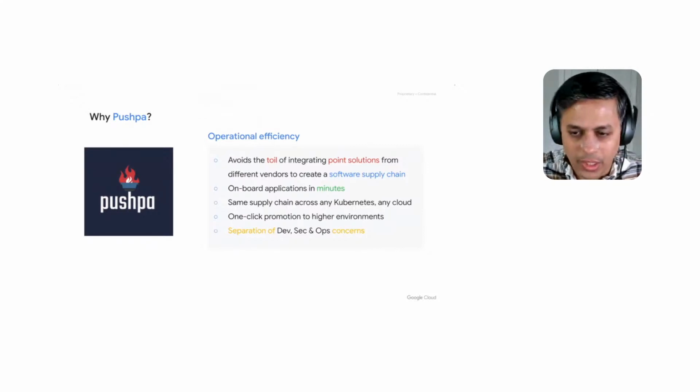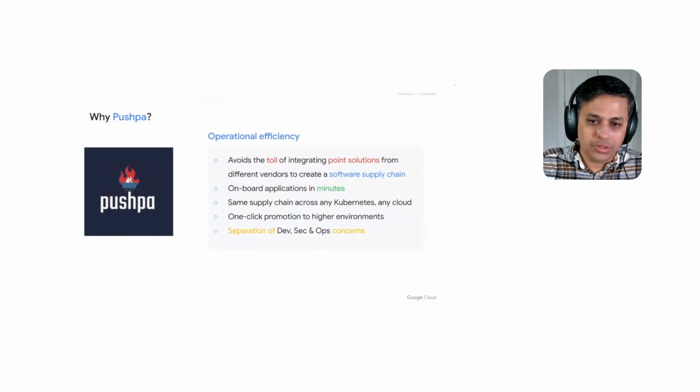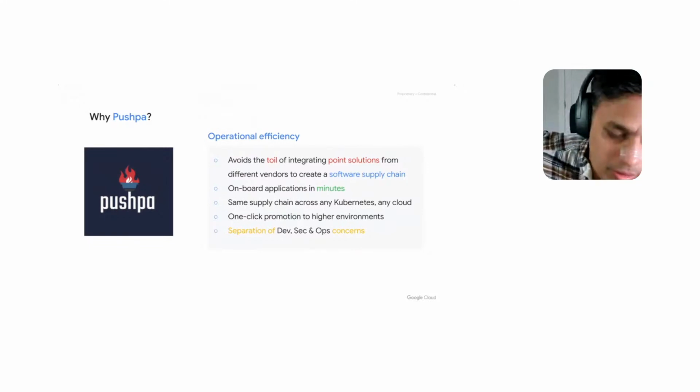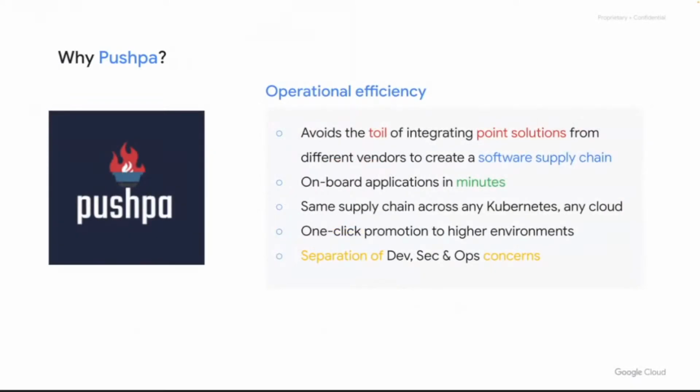It helps you avoid the toil of integrating point solutions from different vendors, which is what you typically end up doing when you're connecting different Lego pieces to create your software supply chain. And application onboarding experience in minutes. So that's a huge advantage when it comes to Pushpa. You don't have to worry about configuring resources or configuring pipelines. We will help you onboard an application in minutes.